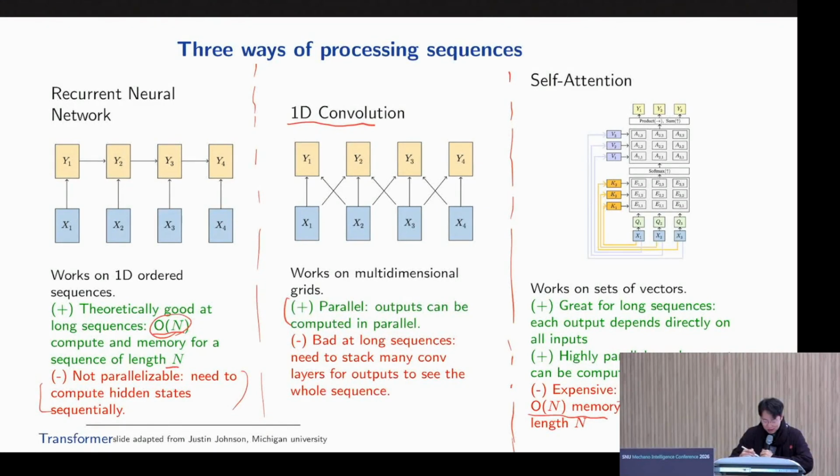Here it's doing convolution with a receptive field of 3. It looks at 3 neighbors to produce 1 output. This is called the receptive field.